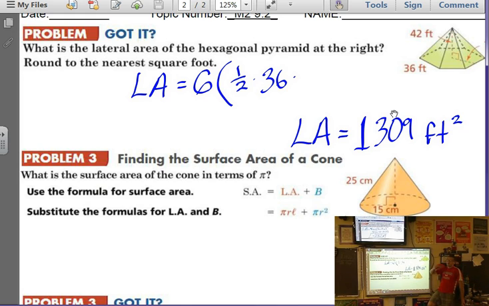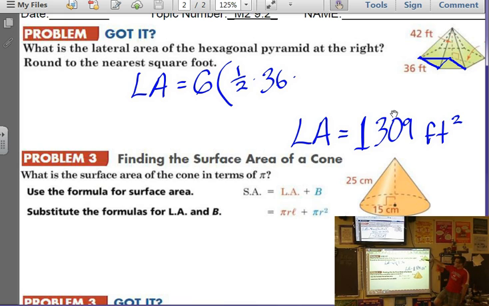Here's the cool thing about hexagons. They make equilateral triangles, right? So if I see that this edge is 36 and that makes an equilateral triangle, any of these blue lines are all 36.